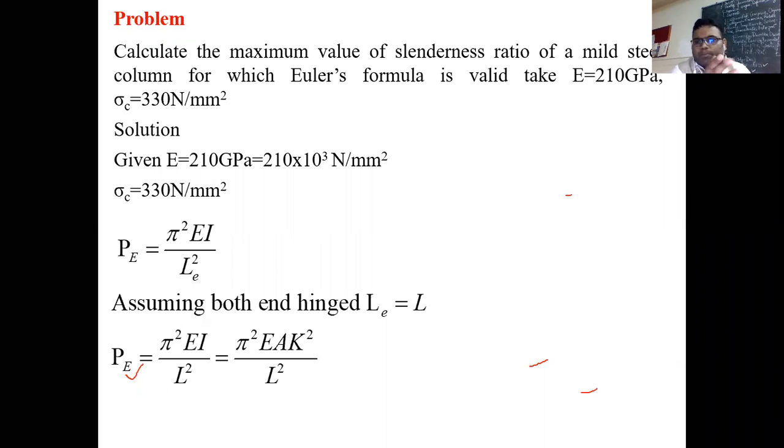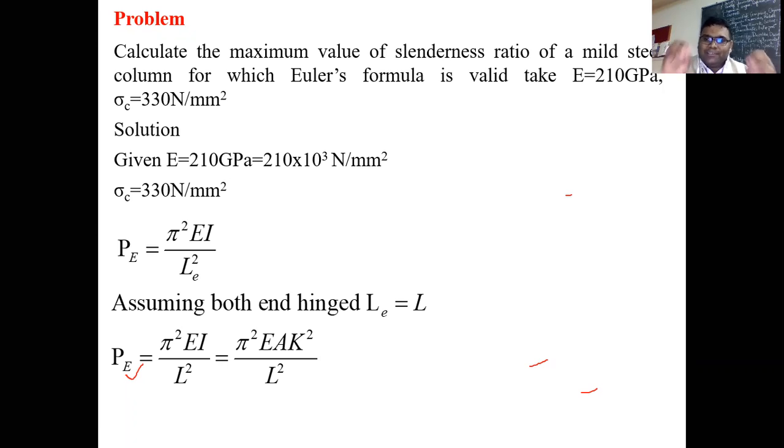This is one small problem we can discuss right now. Let's see the problem statement: calculate the maximum value of slenderness ratio of a mild steel column for which the Euler formula is valid.